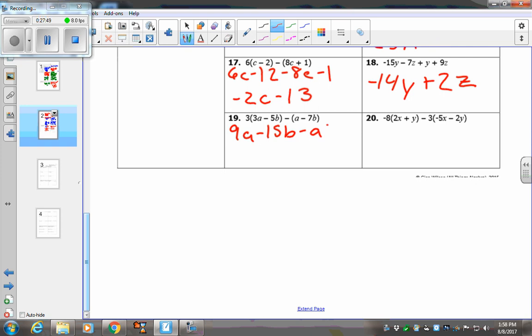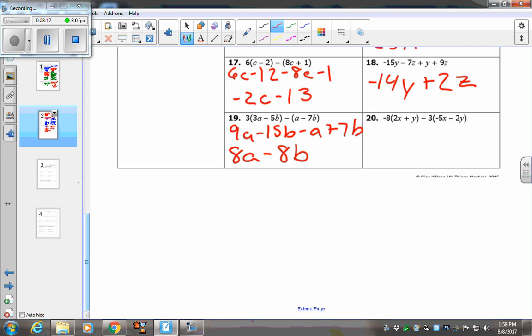Then what? Plus 7b. Okay? Combine like terms. What is my final answer? 8a minus 8b. Good.